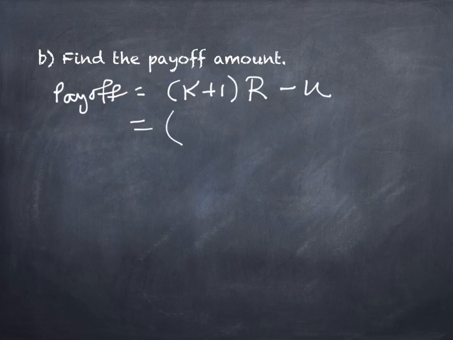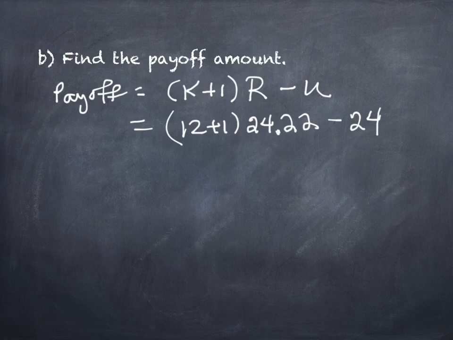Okay? So K we decided a moment ago was what? 12. So this is actually going to give me 12 plus 1. That's the 13 we had from before that we were trying to use. What was R? $24.22. And we found out what U was in the last step. What was U? 24, right? All right. So this is 12 plus 1.